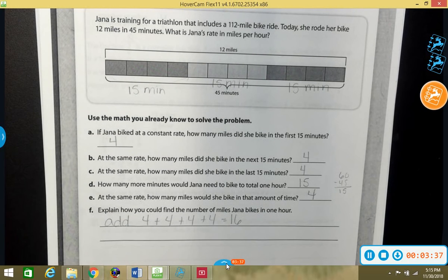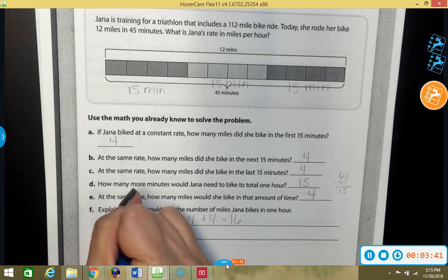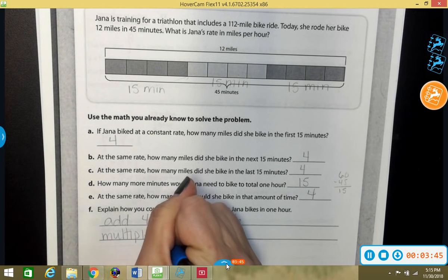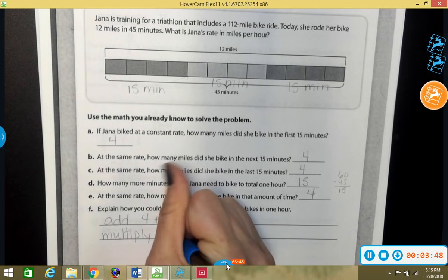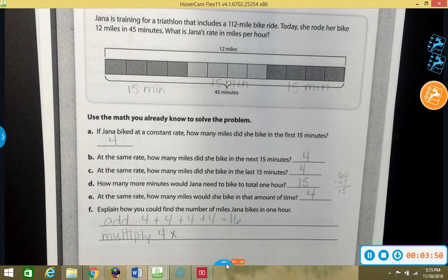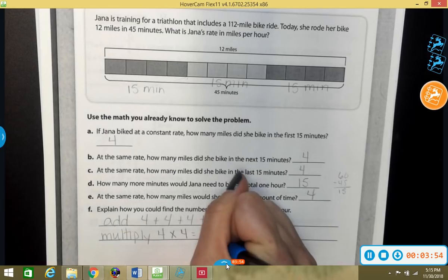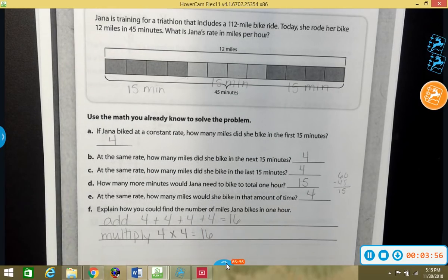Or you could multiply, because you know there's 4 groups of 15, and in each of those groups, she biked 4 miles, so that would be a total of 16.